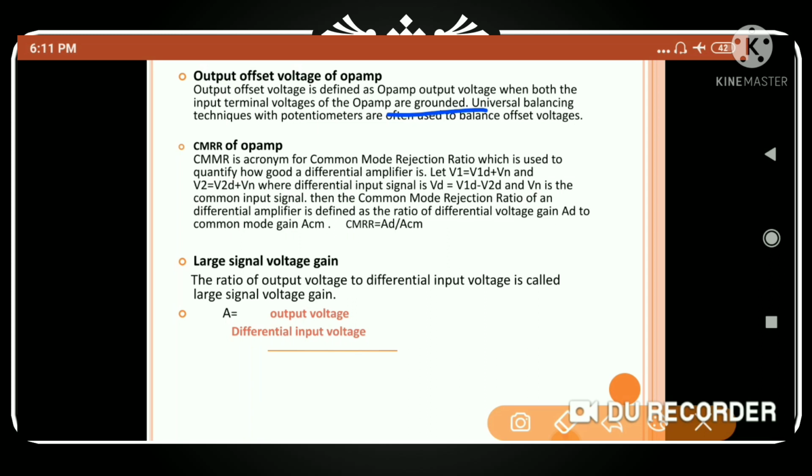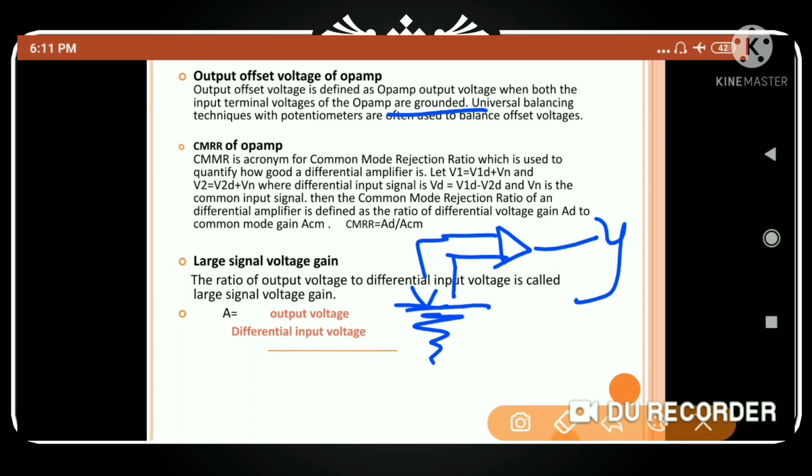Here we use the potentiometer to maintain the voltages and currents. So the output offset voltage is the output voltage obtained when both inputs are connected to the ground. This is known as the output offset voltage.